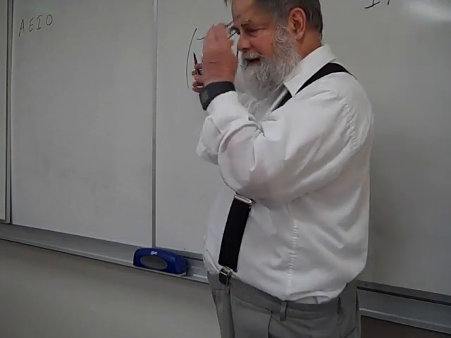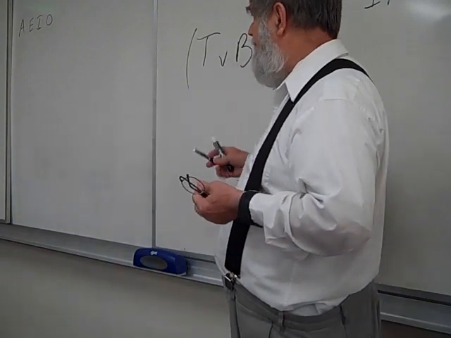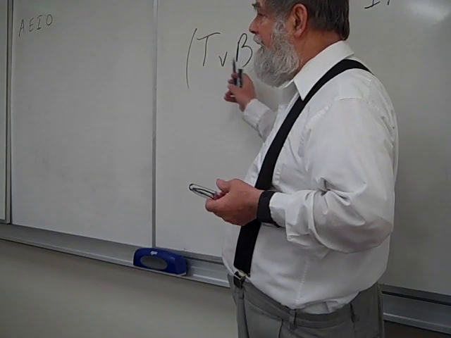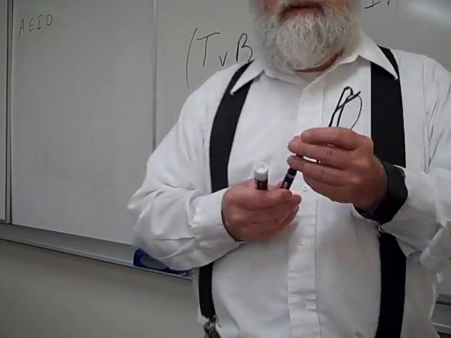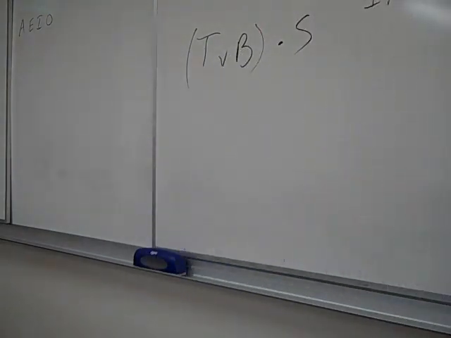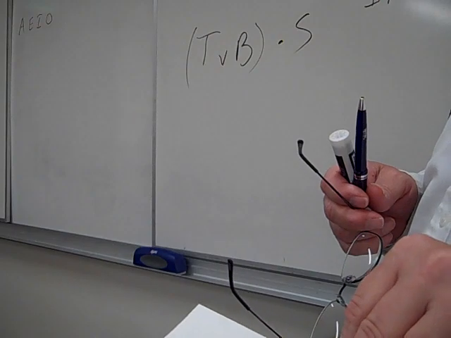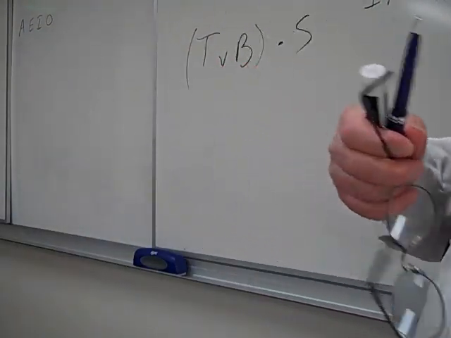It doesn't have to be Terry or Becky has a CD. It could be any two statements connected by a disjunct there. So you can use different substitution instances. And we're building a truth table to talk about it.